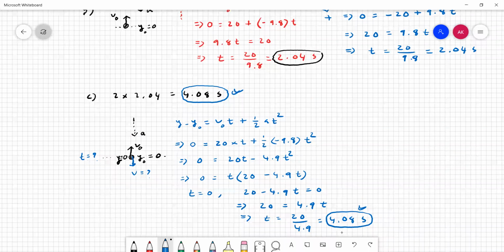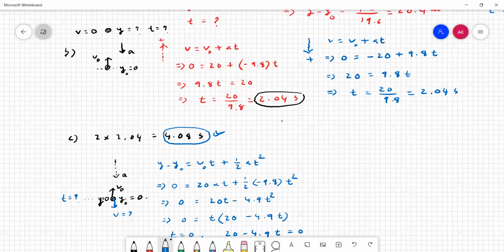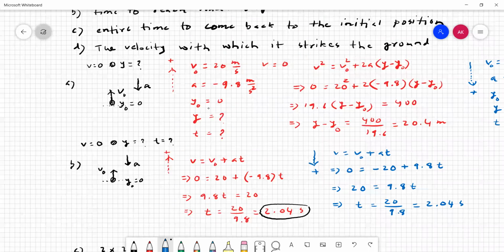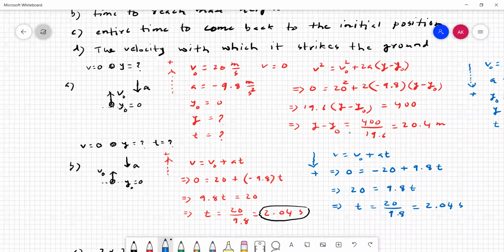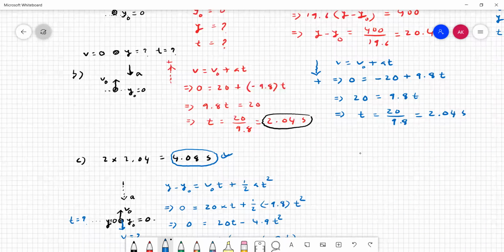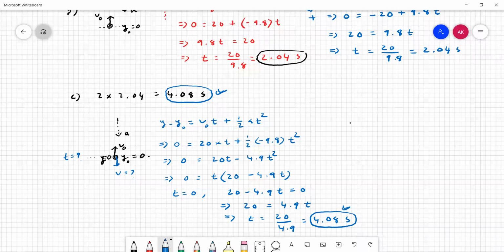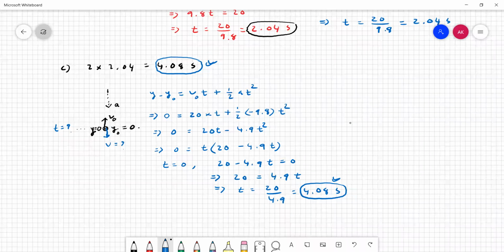Right, the last one we are trying to find, remember that I already asked you, is the velocity with which it strikes the ground. You guessed that the velocity with which it strikes the ground probably will be 20 meters per second. So let's do that. We can use the same diagram that I have drawn there. So V is equal to V naught plus AT, because we are now trying to find the final velocity.